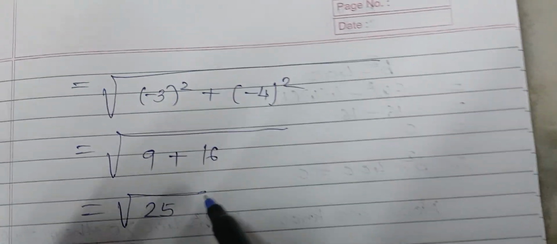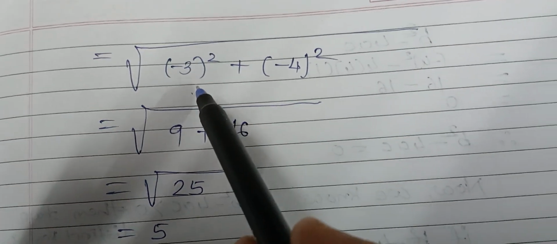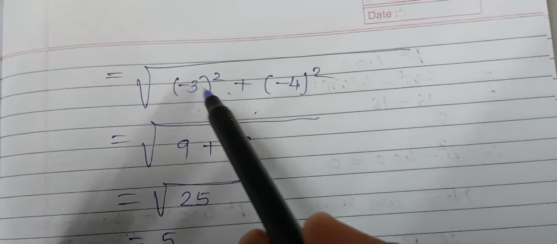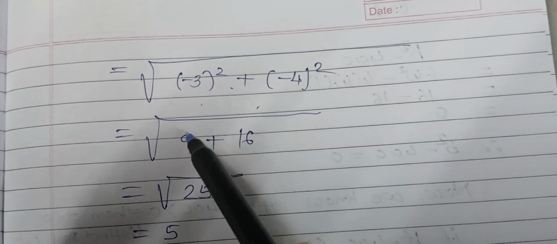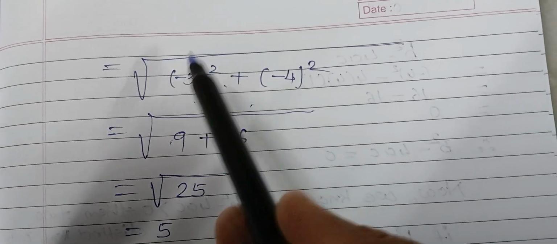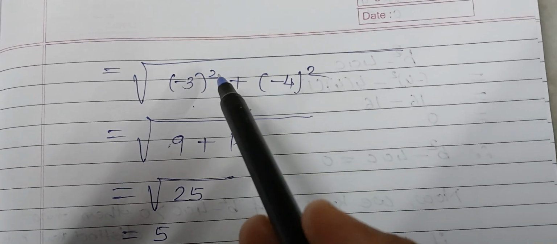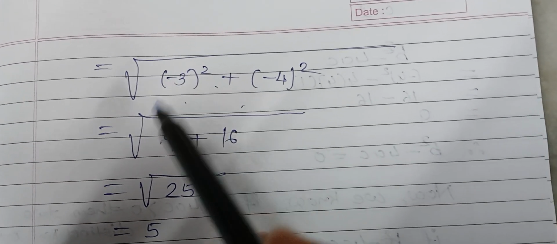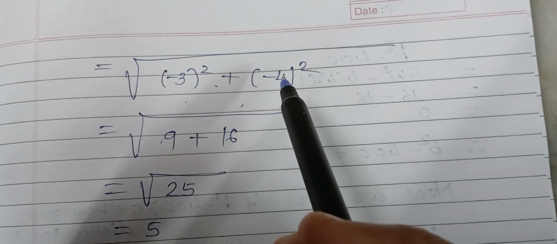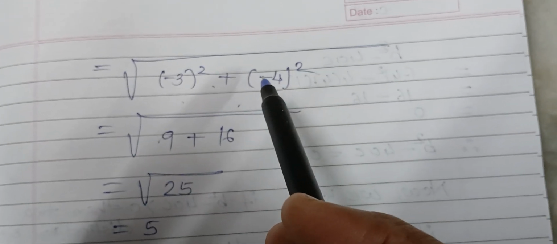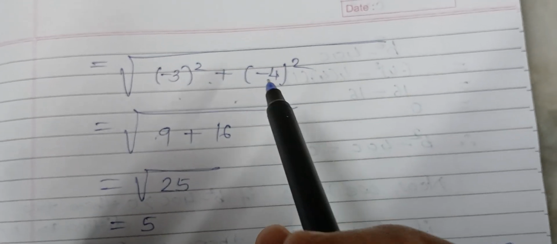So here we can see that -3 remains as it is, whole square, plus (-4) whole square. We know that 3 square is 9, minus sign square is minus, always the square of the negative number becomes a positive. So here 4 square is 16, minus 1 square is 1 itself.